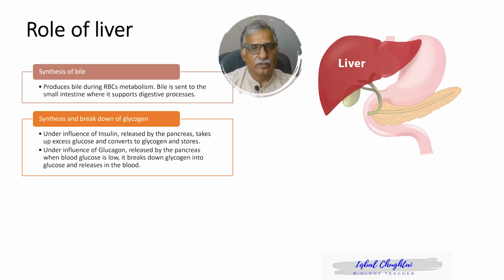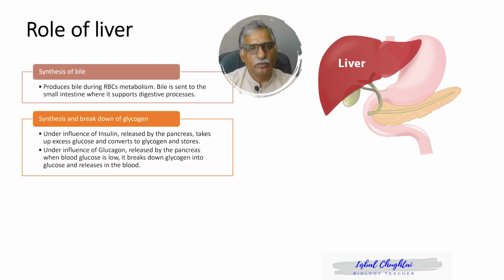But through the digested food, a lot of glucose enters the bloodstream. So the liver takes up the excess glucose in response to the hormone insulin and converts it into glycogen and stores it, so that the blood glucose concentration is kept in the normal, optimum range.